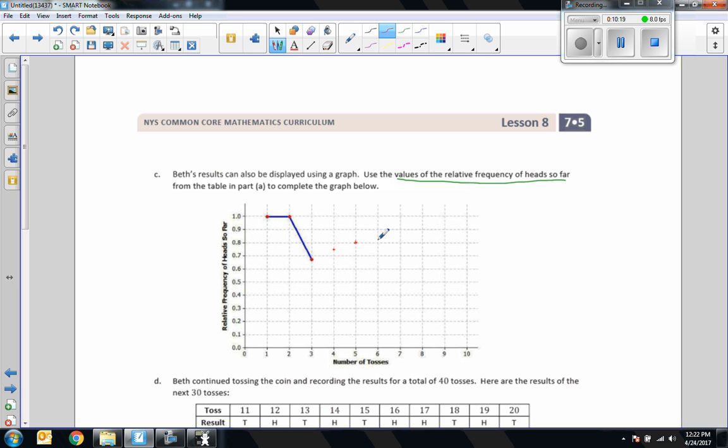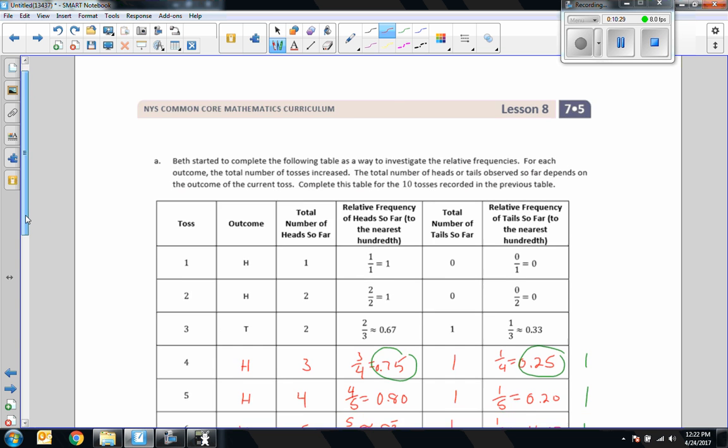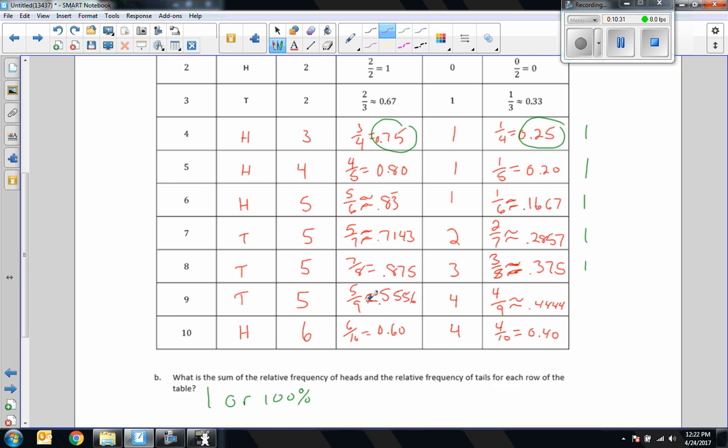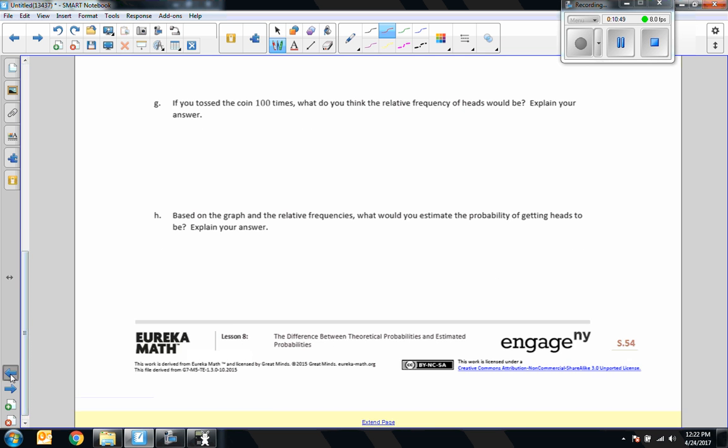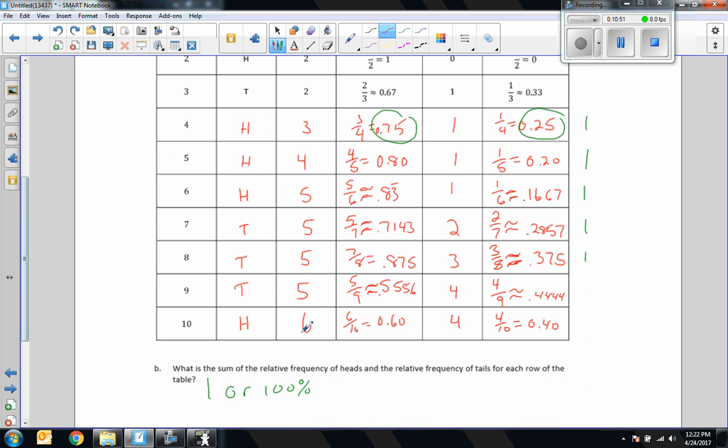So 6 was 0.83, and then 0.7143 is just over 7, and 0.875, and then 0.5556, just a tad over a half, and then finally 10 was 0.6.